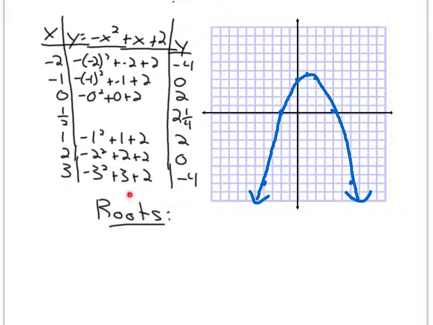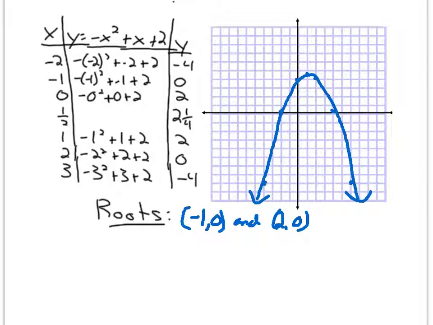Now the roots, the solutions, are the x-intercepts. Okay? So I'm going to write this. My x-intercepts are at negative 1, 0 and 2, 0. So I've got negative 1 and 2.